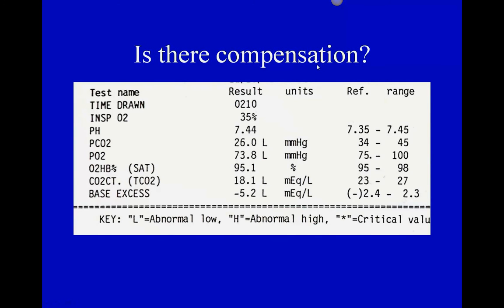So, is there compensation? To determine that, you're going to do exactly like this. Is my pH acid or alkaline? And instead of the normal range right now, go to the exact normal of 7.40. This is higher than 7.40, so it's an alkaline pH. My carbon dioxide level is lower than normal. Here are your normals. I have a lower CO2 than I normally would, and that moves the pH in an alkaline direction.